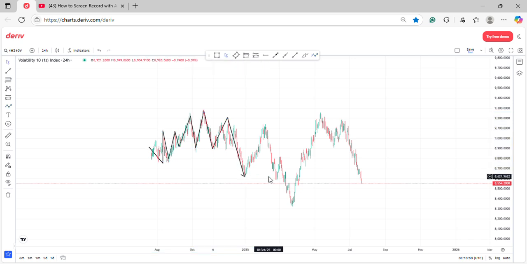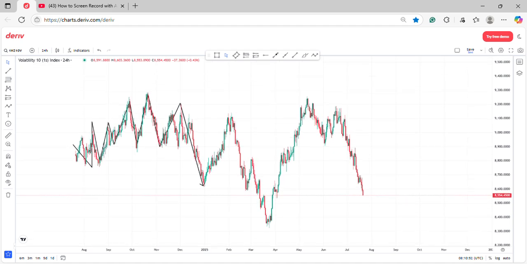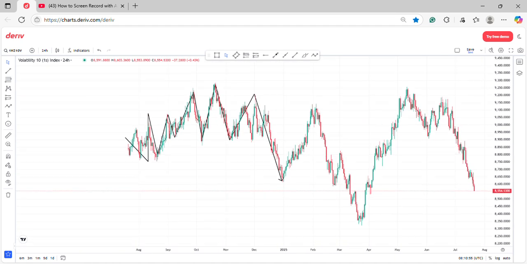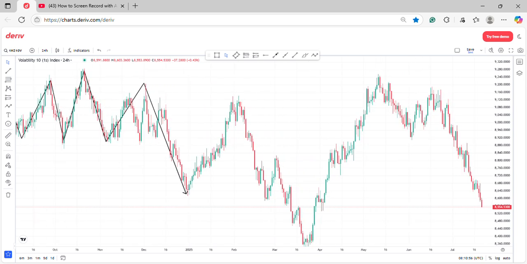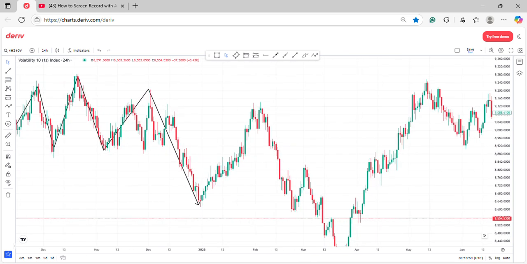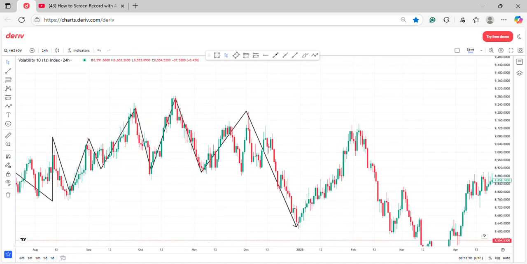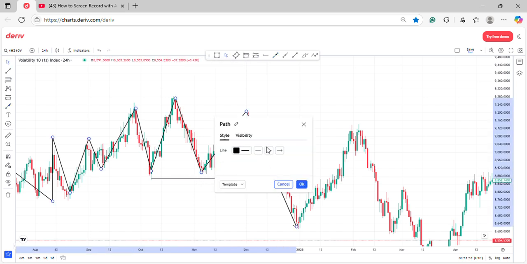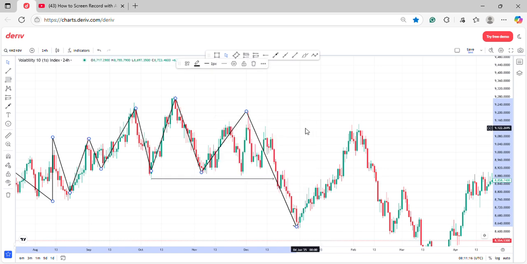Once you notice something like this happen, the next thing you're expected to do is mark out this change of character. We call it change of character or market structure shift. You can decide to call it whatever you like.